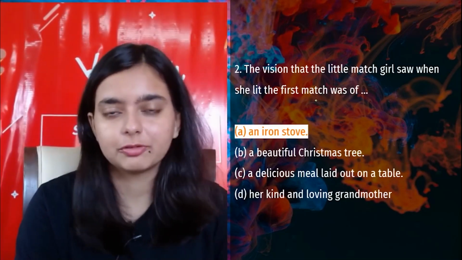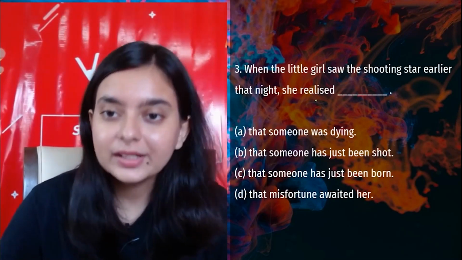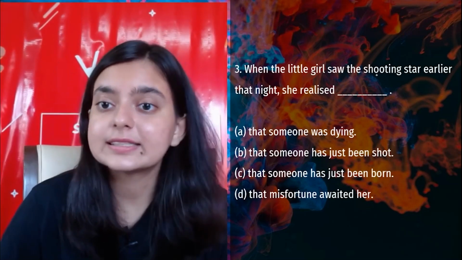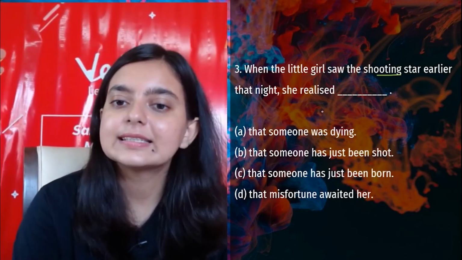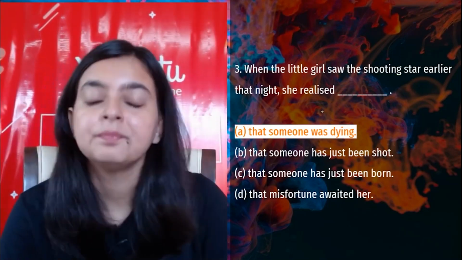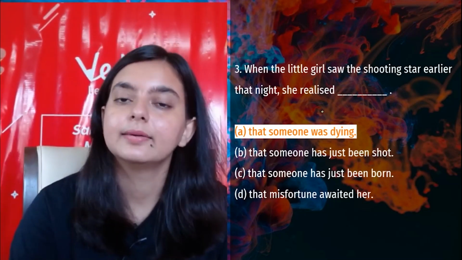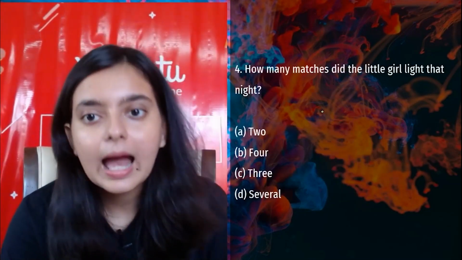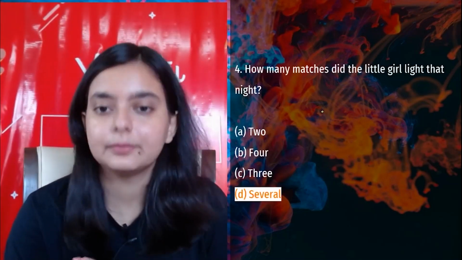An iron stove because she needed warmth, right? Next, when the little girl saw the shooting star, see again a question from the vision, okay? Earlier that night, she realized that someone was dying because her grandmother had said that a shooting star means it's going to cause the death of someone, right? How many matches did the little girl light that day? Several.